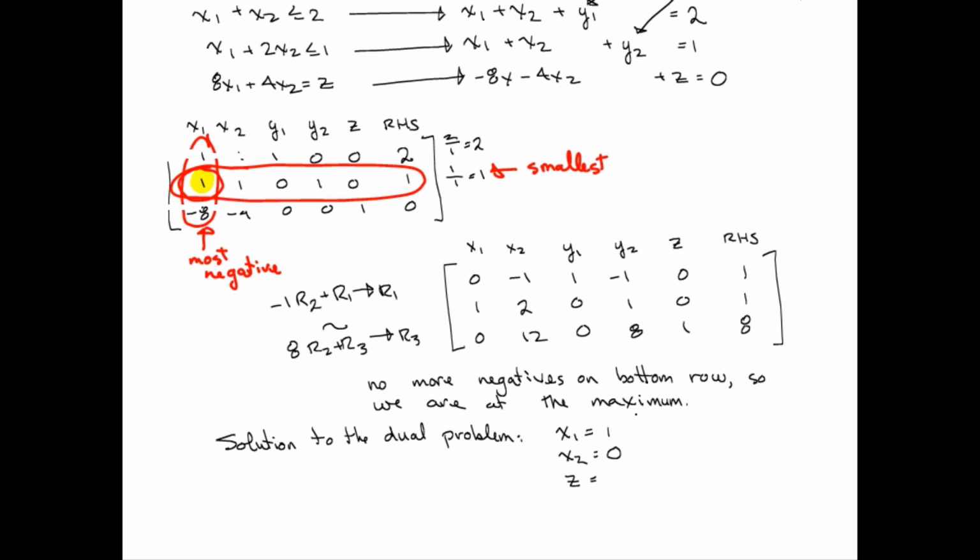And what about my z? My z is 8. And we should note that my slack variables, the amount of slack in the constraints in the dual problem, are y1 equals 1 and y2 equals 0, junk in the column again. This is the amount of slack in those constraints in the dual problem.